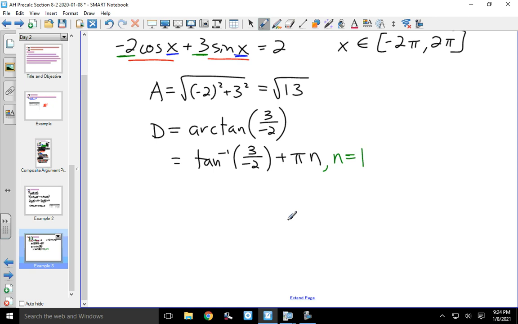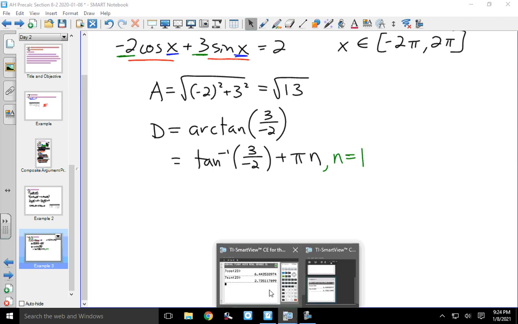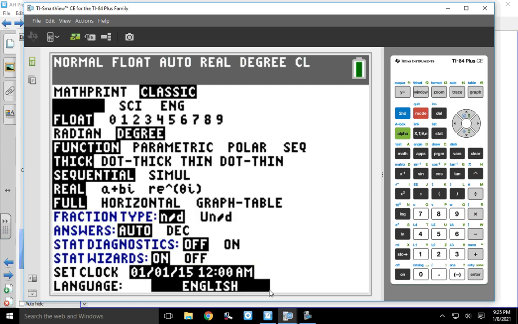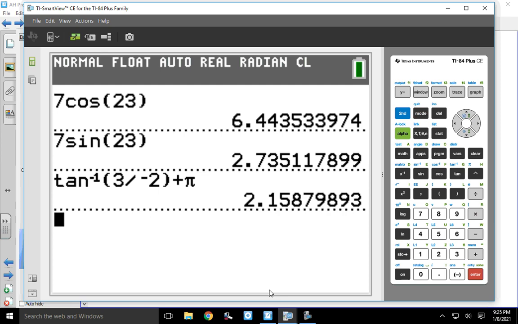Tangent inverse of 3 over a negative 2. We're adding 180, or sorry, now we're adding pi to that. And I got to get myself in the right mode here. I'm in degree mode still, so let's switch over to radian mode. All right, so what do we end up with? 2.1587. In fact, I'm going to store that as our value of D here right now.